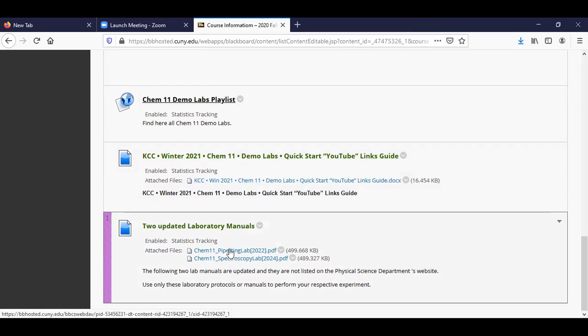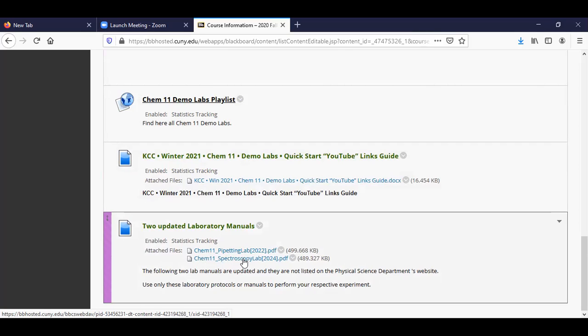This is pipetting. I think this is lab number 3. It's going to be here, not on the Kingsborough website, not on the physical science department website, right? So take it from here. And also, this is the updated version of the experiment spectroscopy.